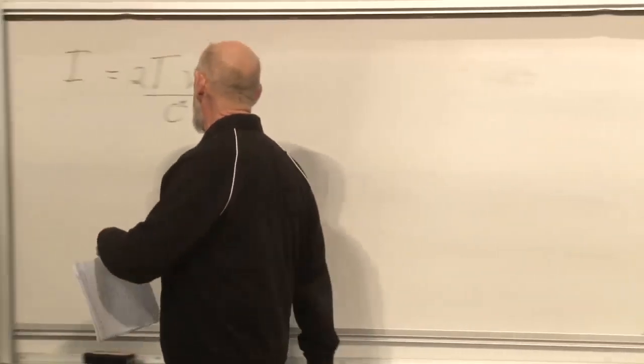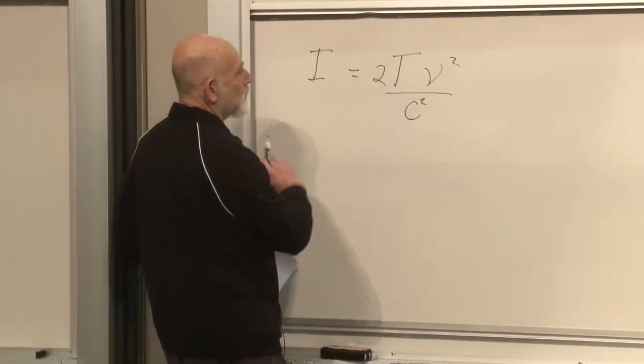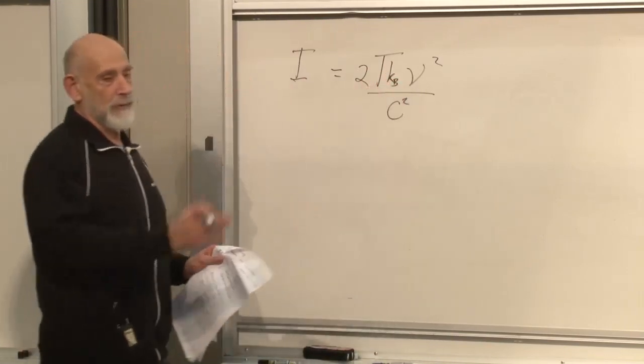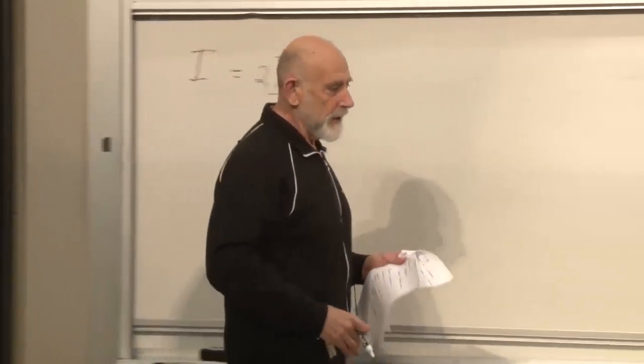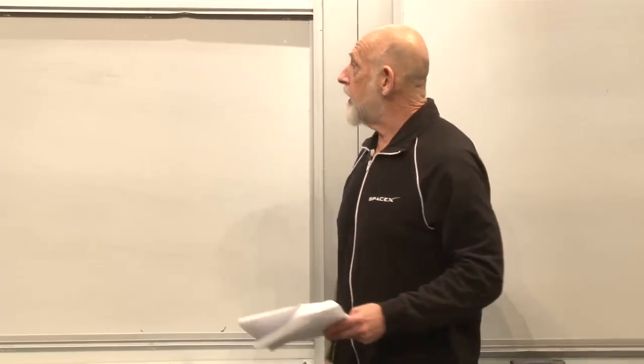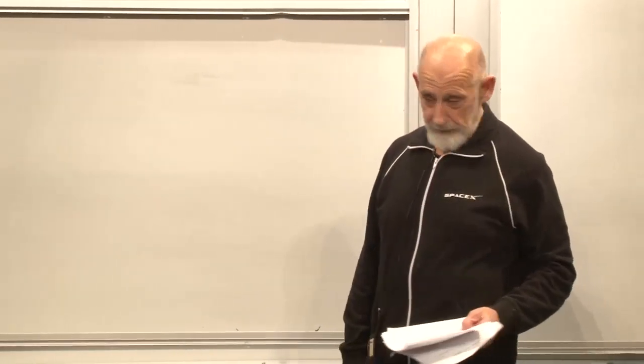I said I would keep K Boltzmann around, but the rule is always the same. Whenever you see a temperature in the formula, multiply it by K Boltzmann, and think of temperature times K Boltzmann as a single thing with units of energy. All right, so that's the formula for the energy per unit volume per unit frequency.